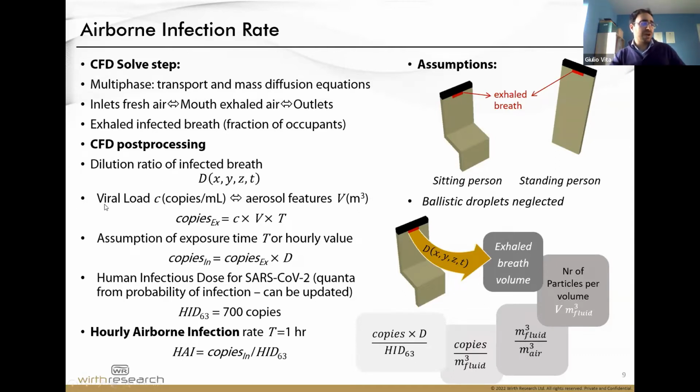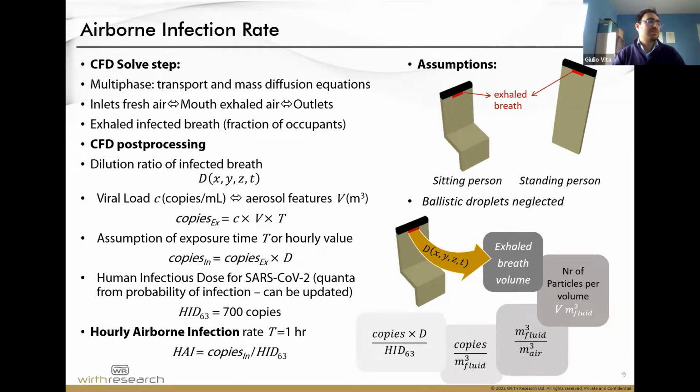If we assume a viral load, so we assume that for a given volume of respiratory fluid, there is a number of RNA copies and an exposure time that we normally fix at 1 hour, we calculate the inhaled airborne infection rate.